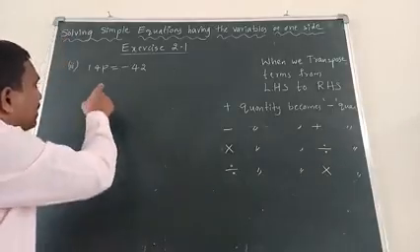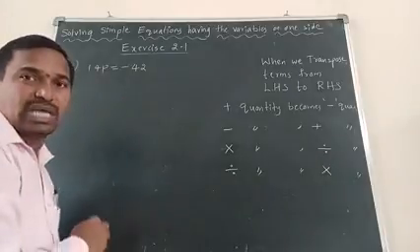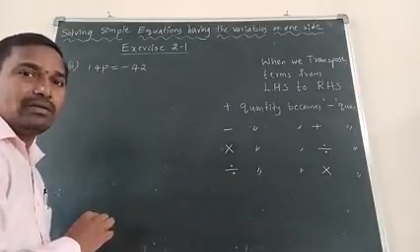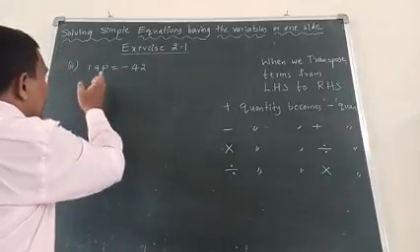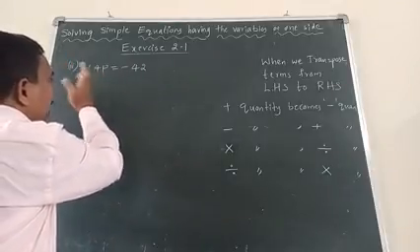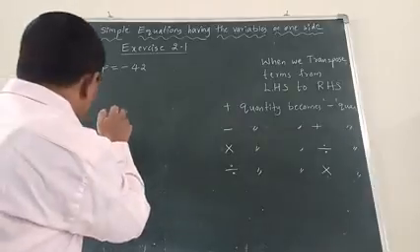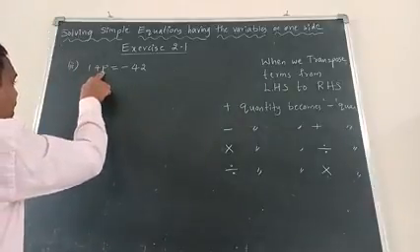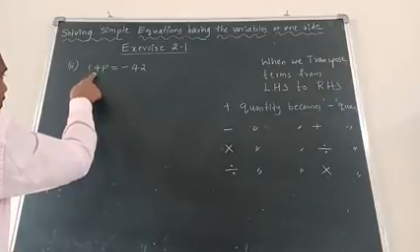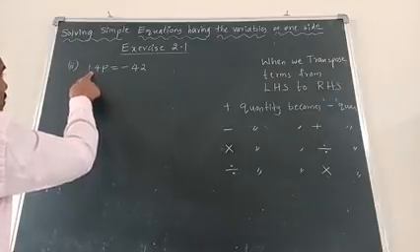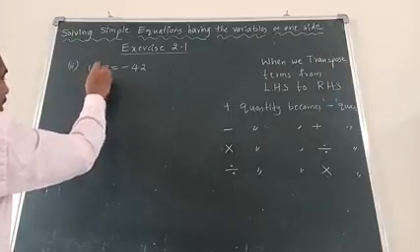So what is the variable here? P. So solving means we find the p value. The p term is on the LHS, and to find p, only p should be there. What is the multiple of p? 14 into p.